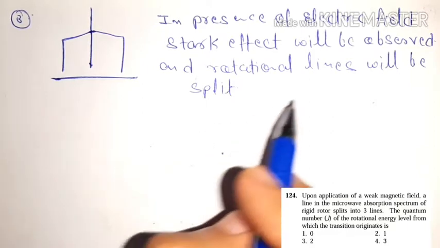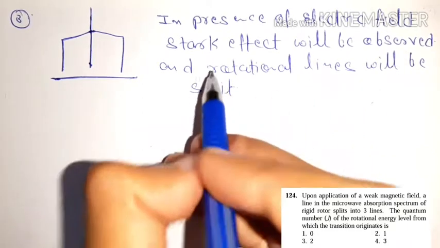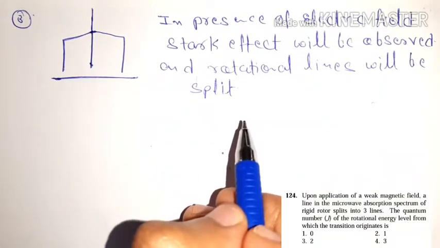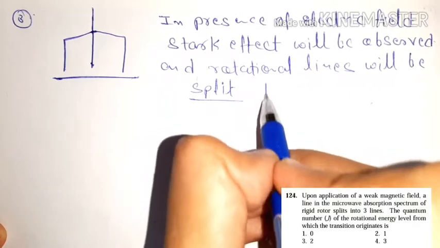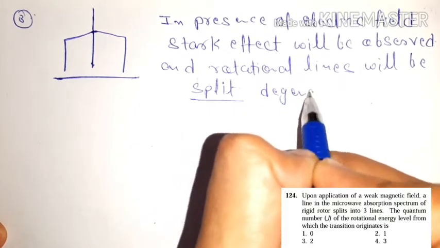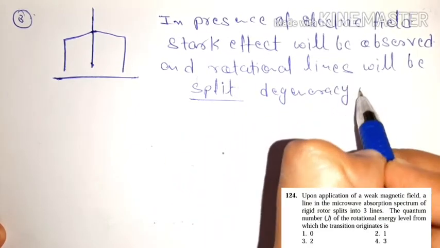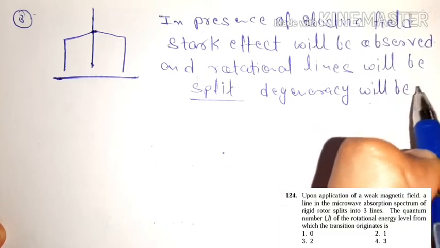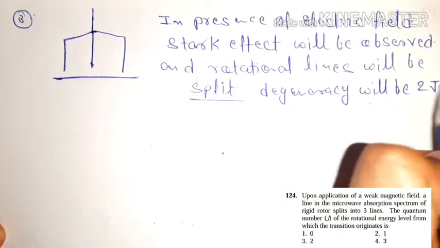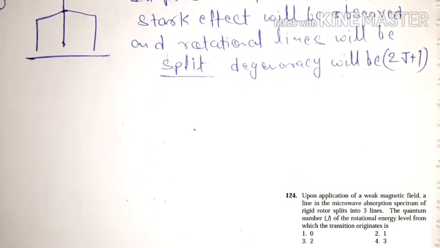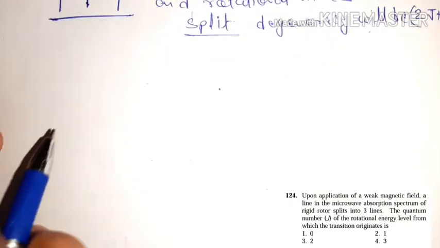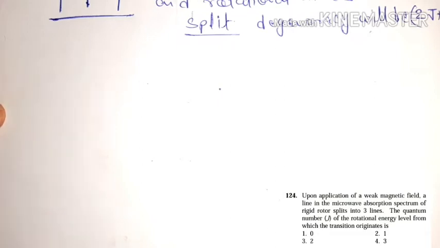After they split, the degeneracy will be 2 into j plus 1. Now see, what is the Stark effect.